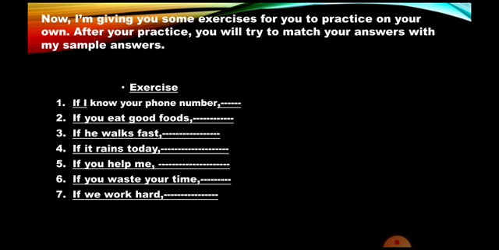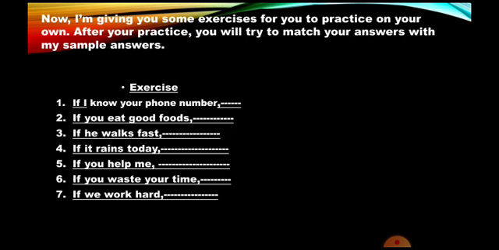If you help me. Exercise number 6. If you waste your time. Exercise number 7. If we work hard. My dear students, these are the exercises given for you to practice on your own.